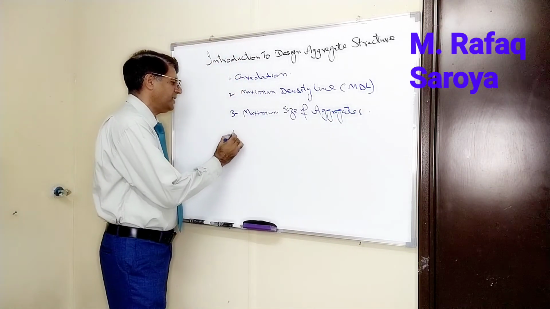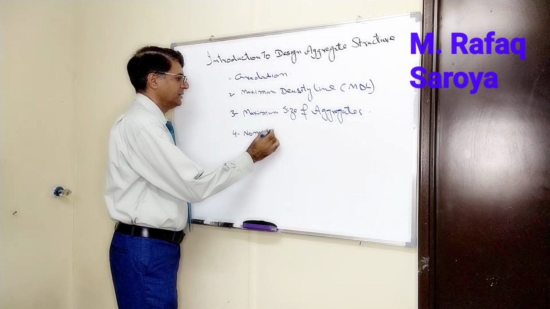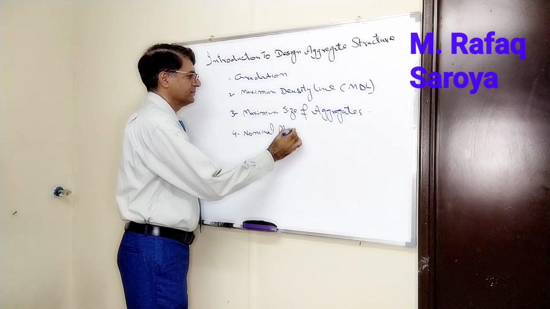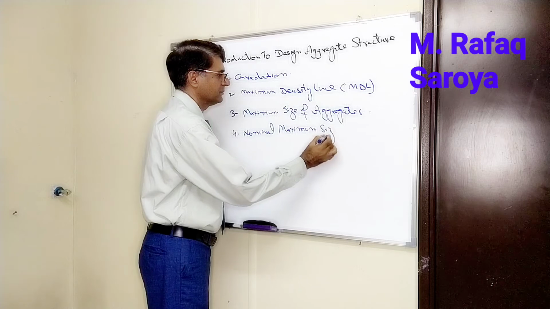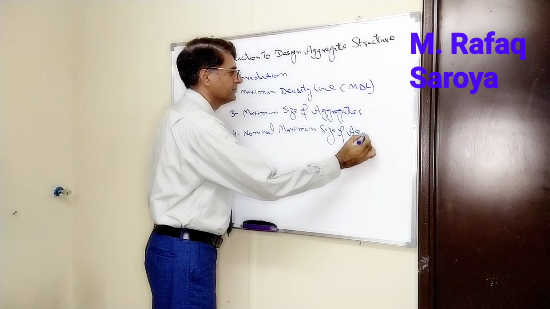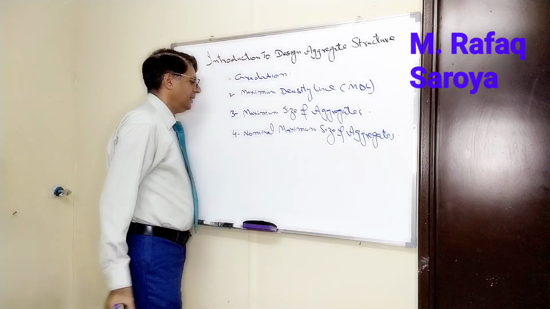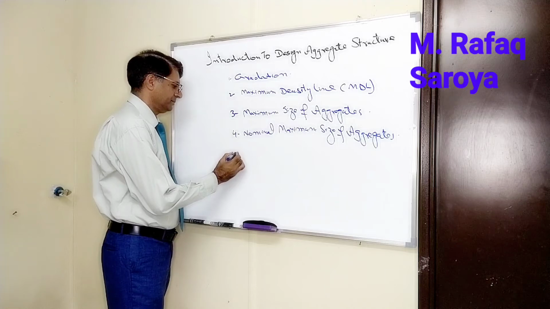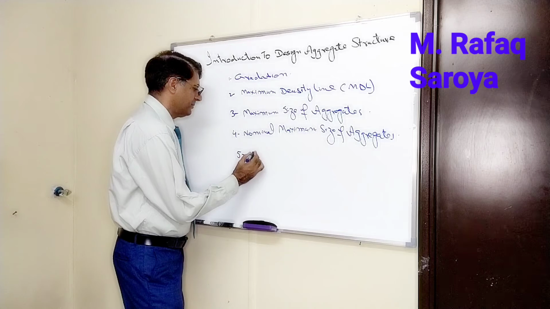Fourth one, nominal maximum size of the aggregate. Fifth one, control points.